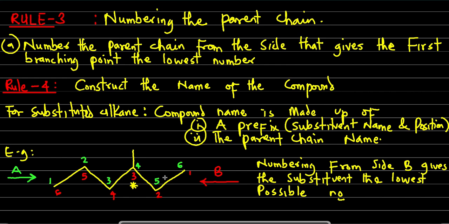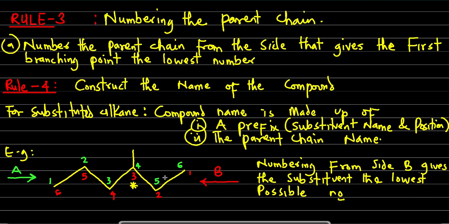All right, now rule number 4 says construct the name of the compound. For a substituted alkane, the compound name is made up of a prefix and a parent chain name. Of course, what's a prefix? A prefix is something that comes before, all right? Something that is always written before the main name. Maybe you're a man, you're being addressed as Mr. You're a lady, you're being addressed as Miss if you're not married yet, or Mrs. if you're married.